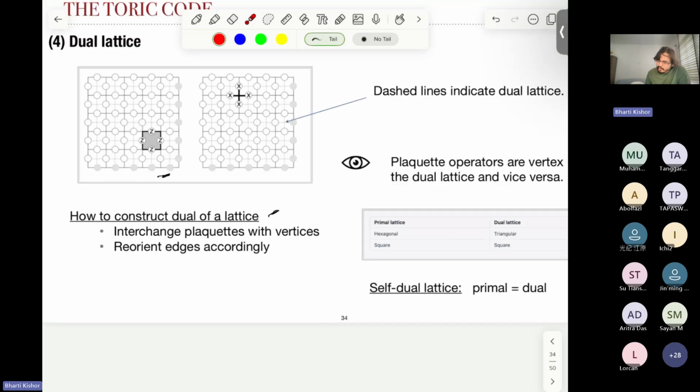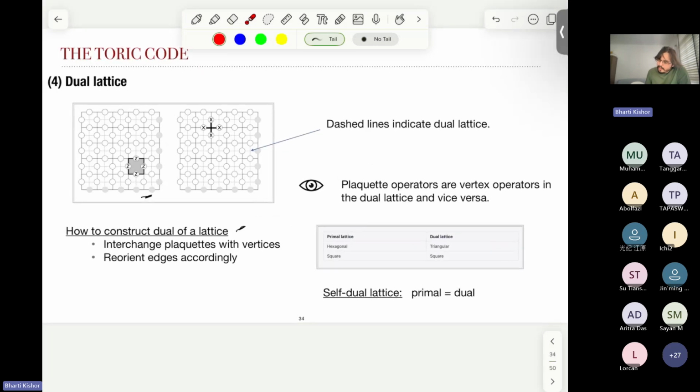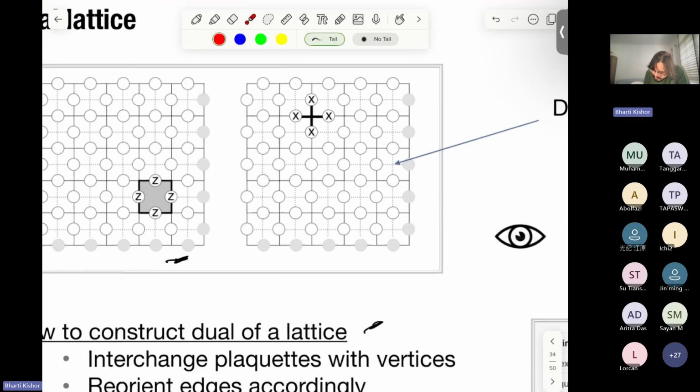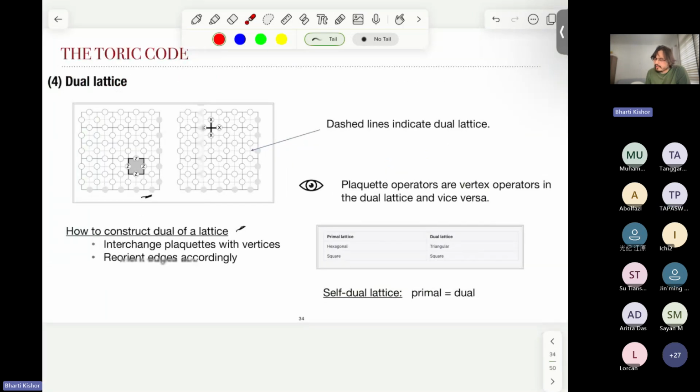To construct a dual lattice, you have to interchange plaquettes with vertices and reorient the edges accordingly. Here the dashed lines indicate the dual lattice, and qubits are where your dual lattice intersects the primal lattice.